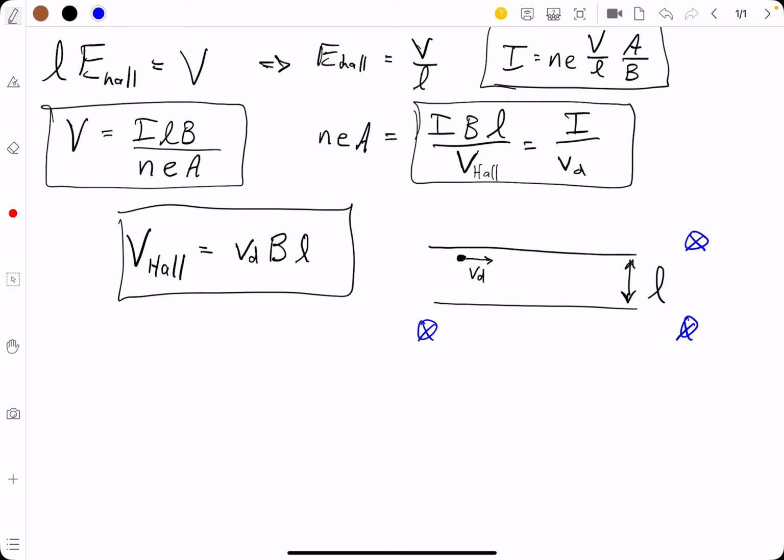Those are the only things that we need to get our Hall voltage, okay? So that's all you need to know, and you're set.